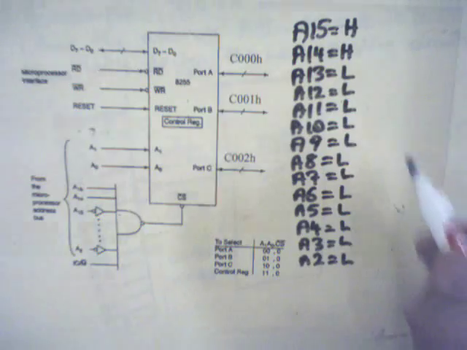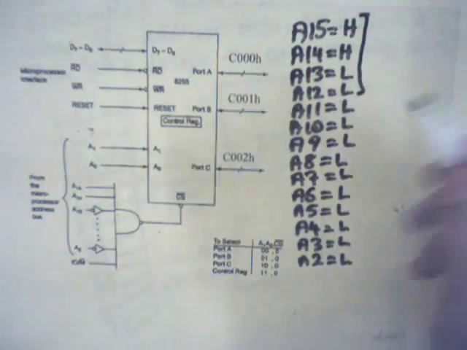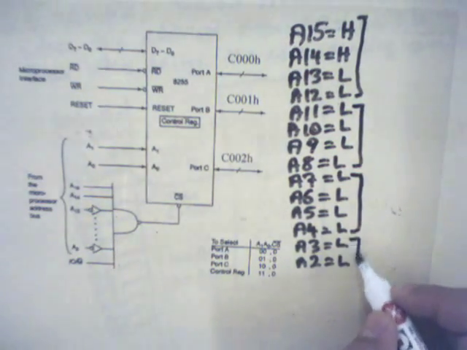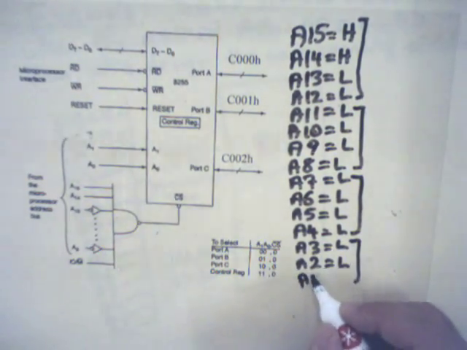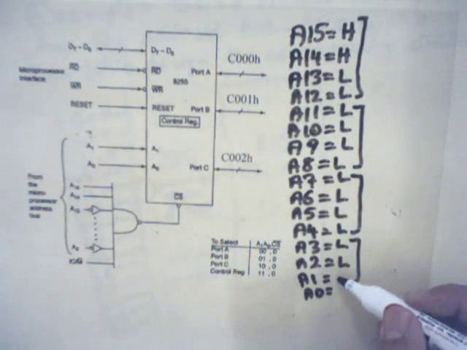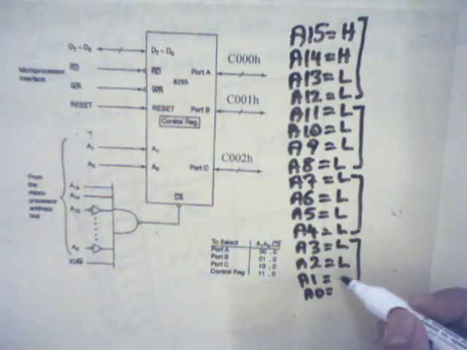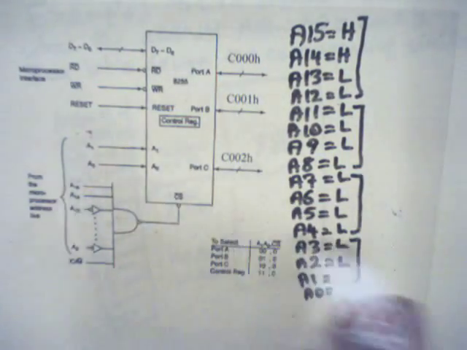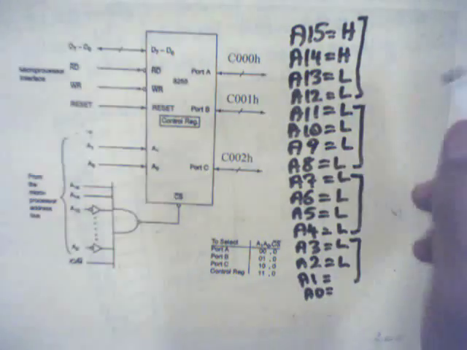So if we group these bits, and of course A1 and A0 are also required, for different combinations of these two, we'll select 3 ports and control register of the circuit.